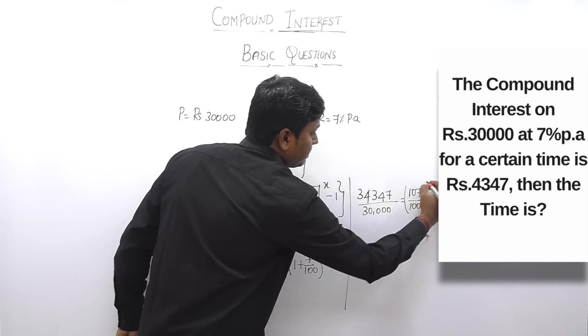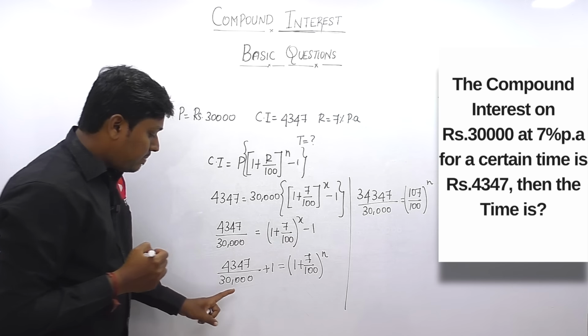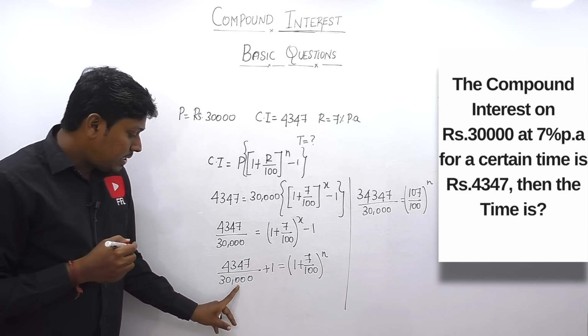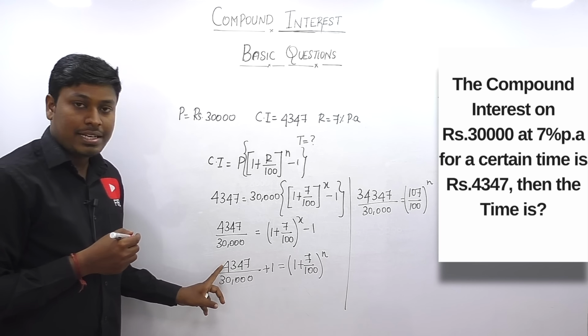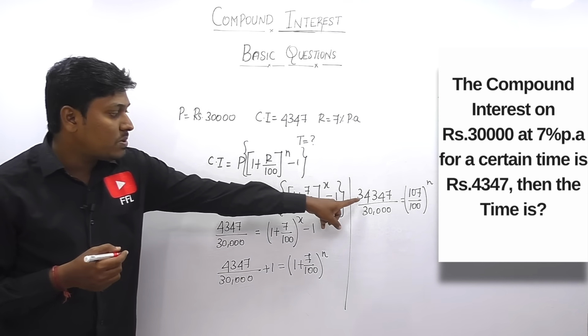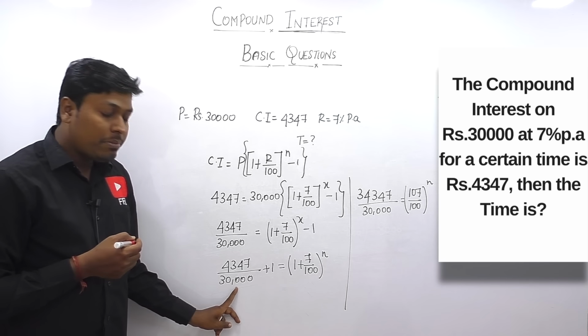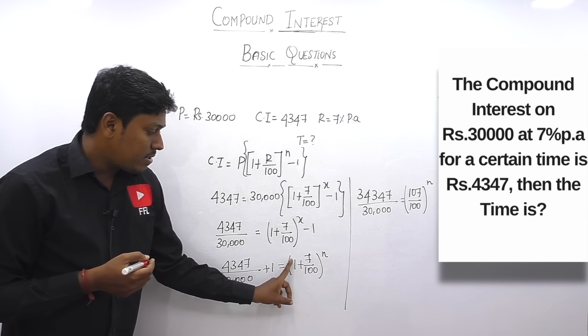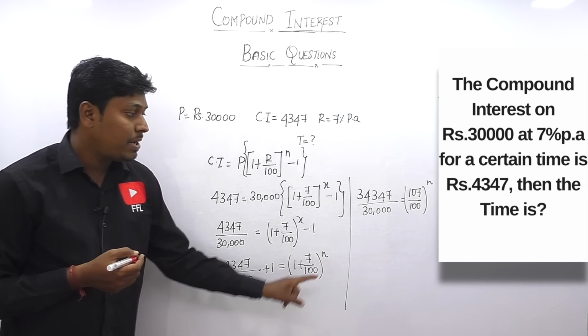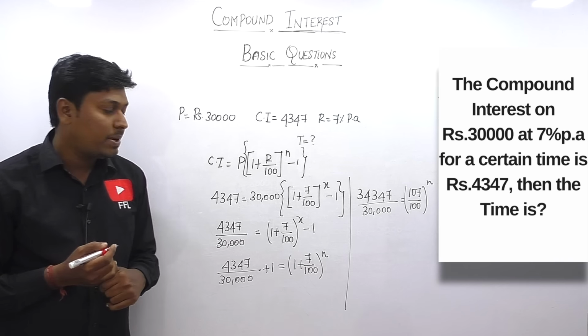So friends, important step, listen carefully. What I did is, 30,000 into 1 will be 30,000. So 30,000 plus 4,347 will be 34,347, and the denominator will be 30,000 is equal to, so 1 into 100 will be 100. So 100 plus 7 will be 107 by 100. So 107 divided by 100 power n.